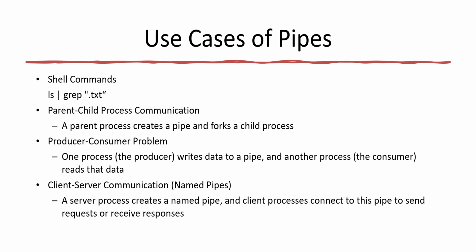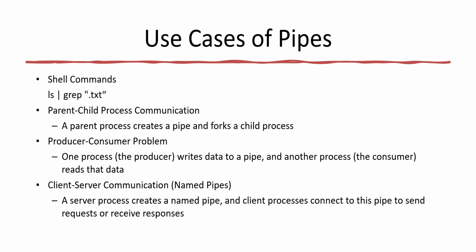Now let us look at some practical use cases of pipes. The first example is shell commands. A very common example is ls piped to grep .txt. Here the output generated by the ls command is passed to the grep command through a pipe.